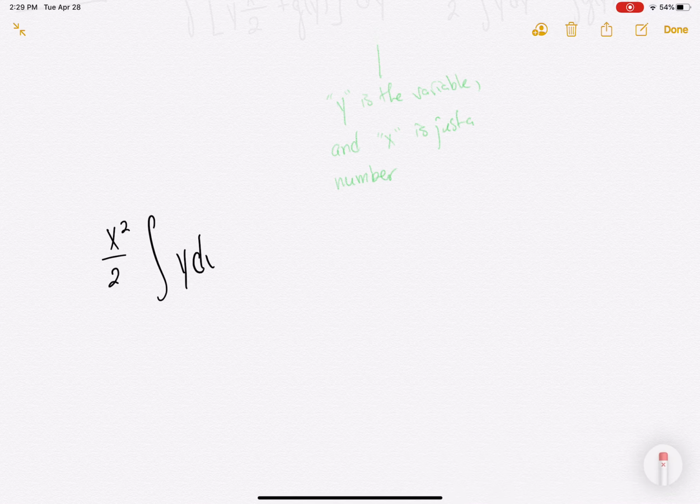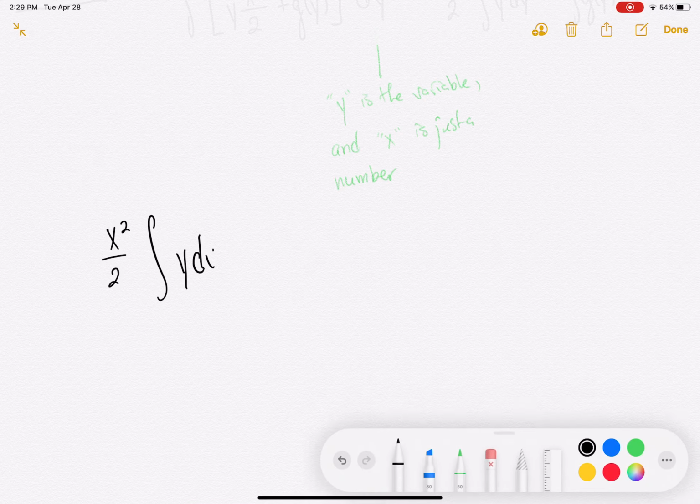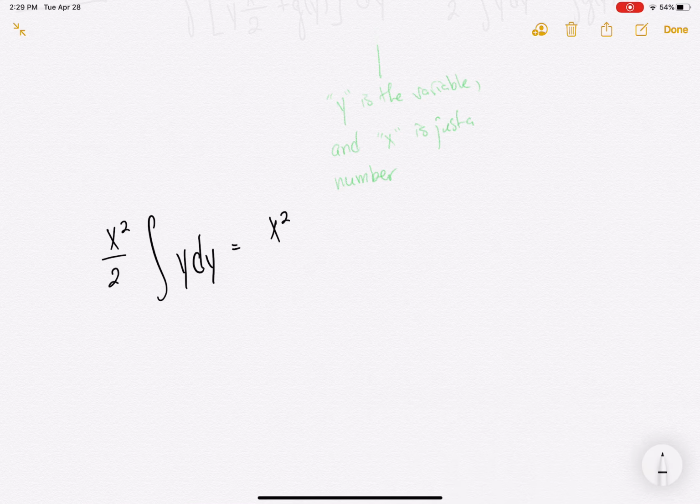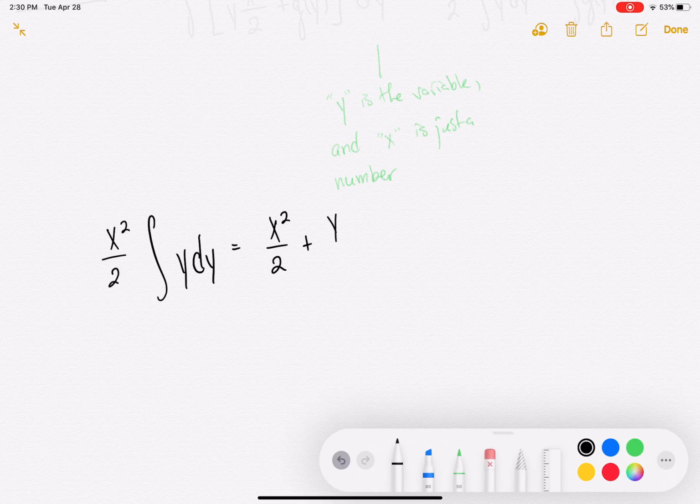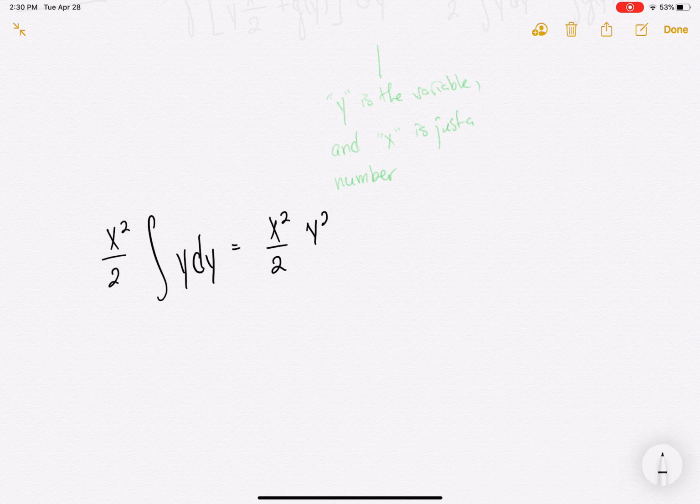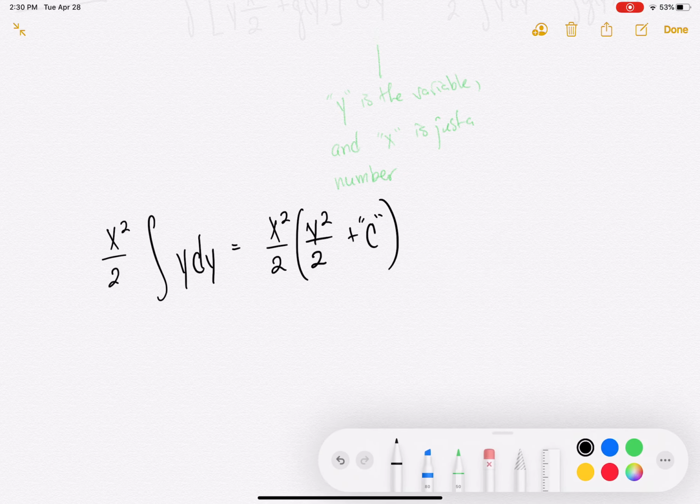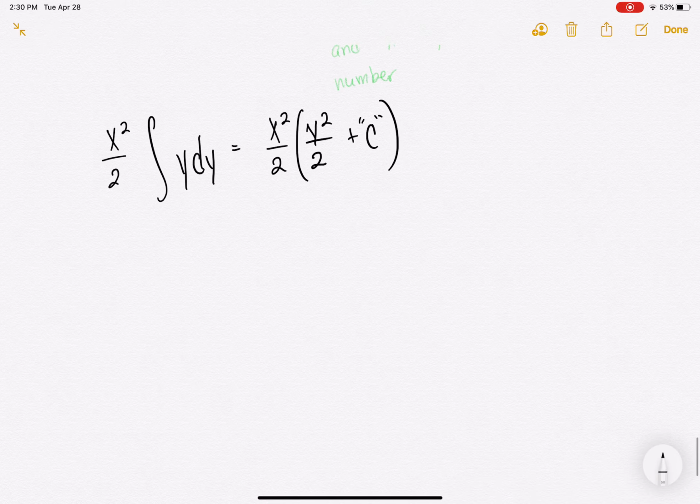This piece by itself, y dy, is equal to x squared over 2 times y squared over 2 plus c. And I'm going to put that c in quotation marks again for the same reason as before.